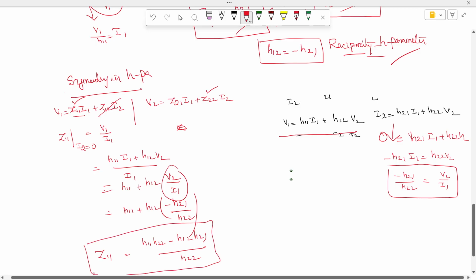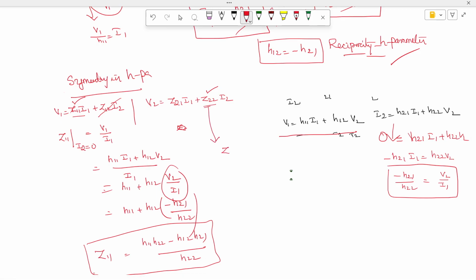In this equation also, we require the value of Z22. How to get the value of Z22? Z22 is equal to V2 by I2 when I1 is equal to 0. So substitute I1 is equal to 0 in these expressions.